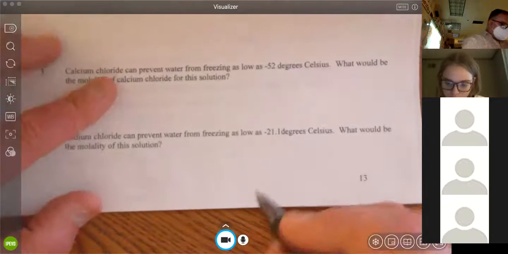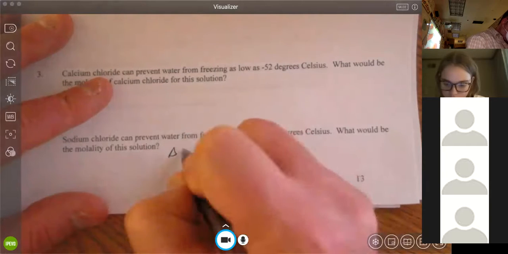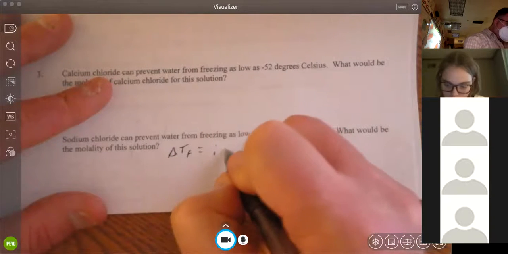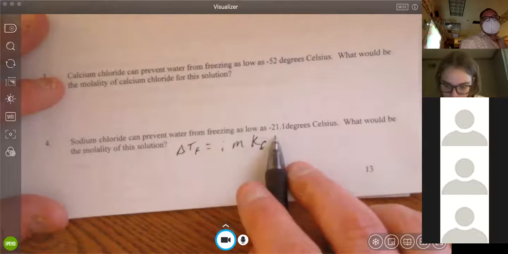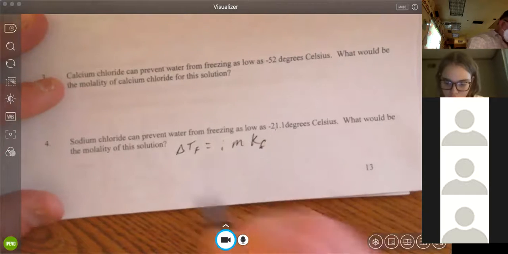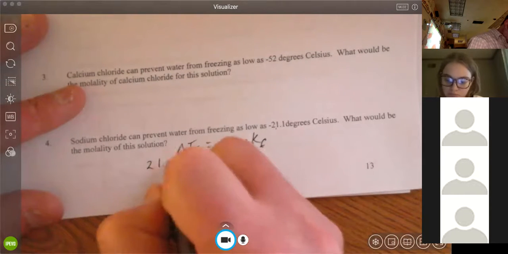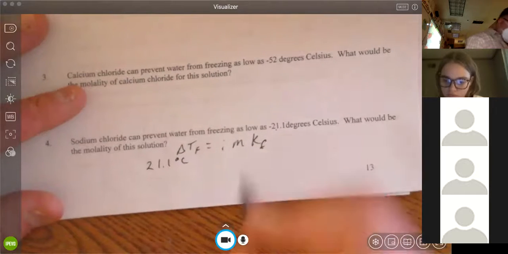We know that the change in temperature of freezing is equal to i m Kf. That was subtracted from 0 to get negative 21.1, so that 21.1 degrees Celsius is my change.